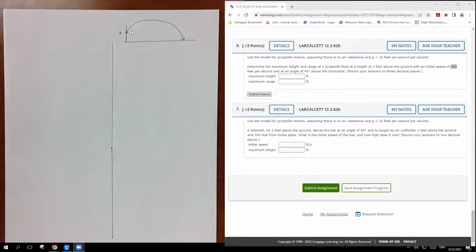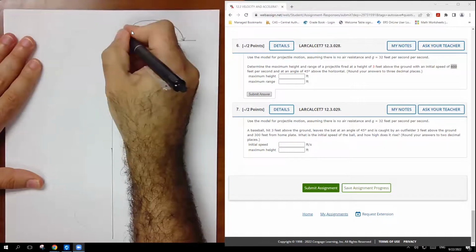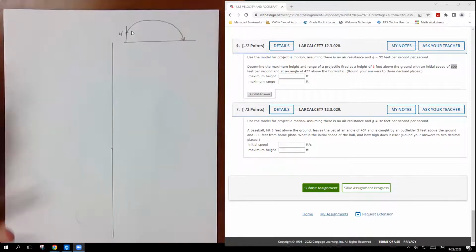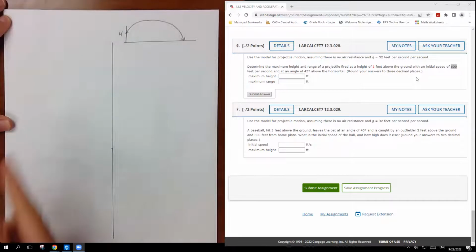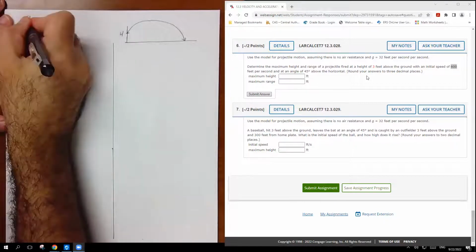I'm going to use 4 feet. So it's going to be a different example, because I think you're going to get exactly the same numbers. Above the ground with initial speed 600, I'm going to use 800. So it's going to be different numbers than here. The gravity is 32.